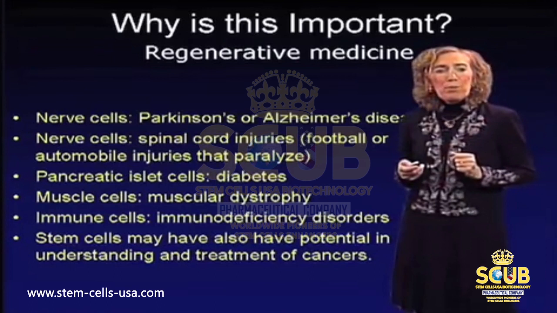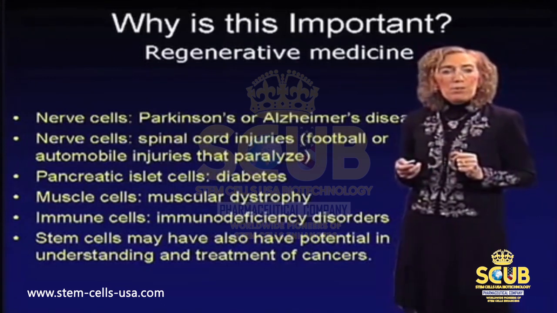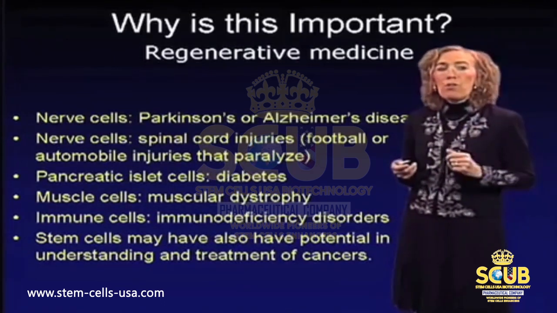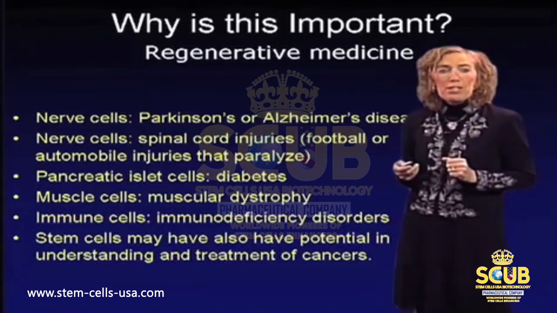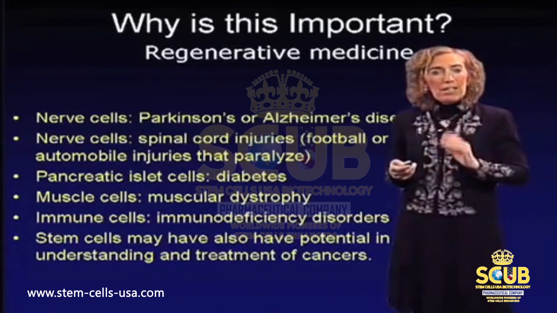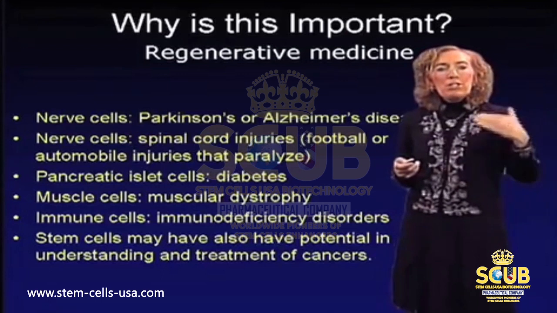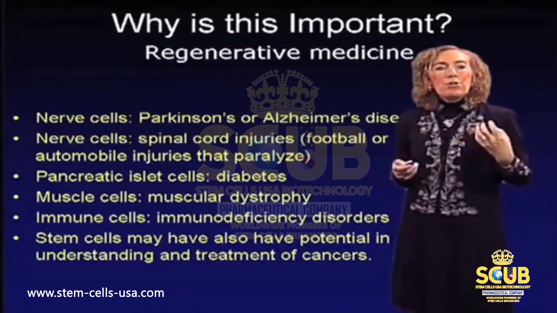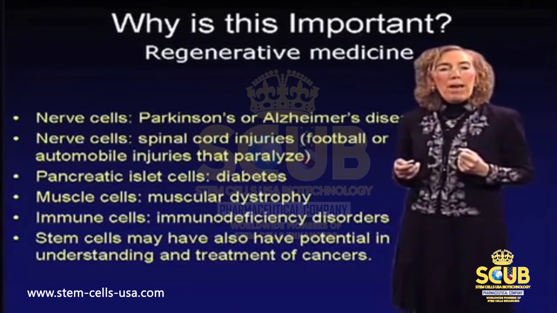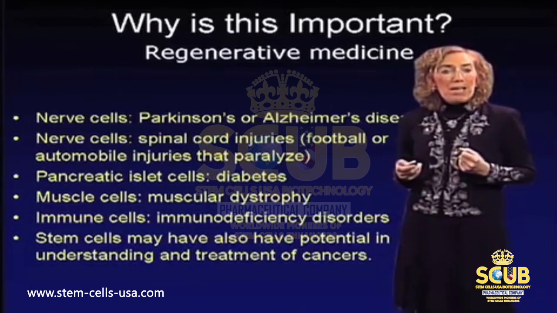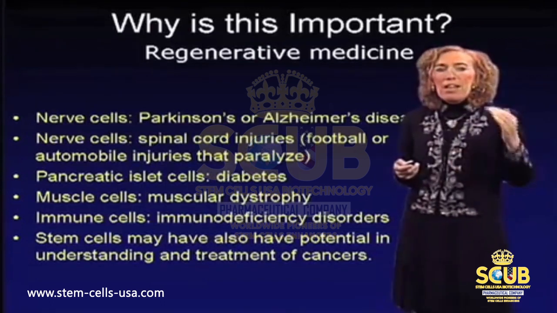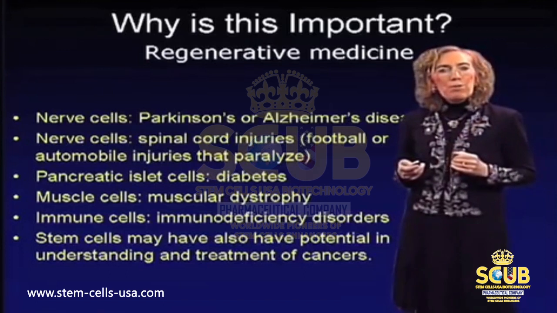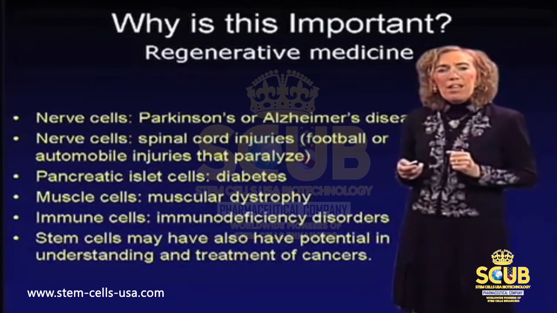These cells might also be able to be used to generate immune cells, which could be used to treat immune deficiency disorders. And finally, as scientists, we might be able to use these stem cells to be able to understand more about the basis of cancers, and that understanding might lead to new and improved treatments of cancers.